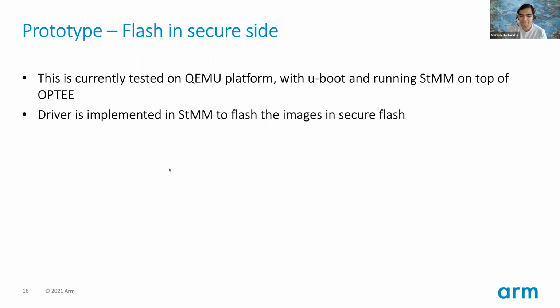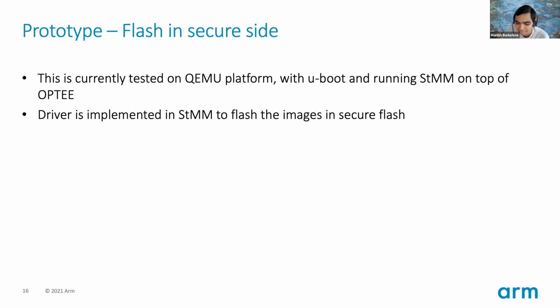Is that correct? Yes, that's correct. So the communication between U-Boot, or the client, and the update agent is all conducted via FF-A. Okay, thanks. And the first question?